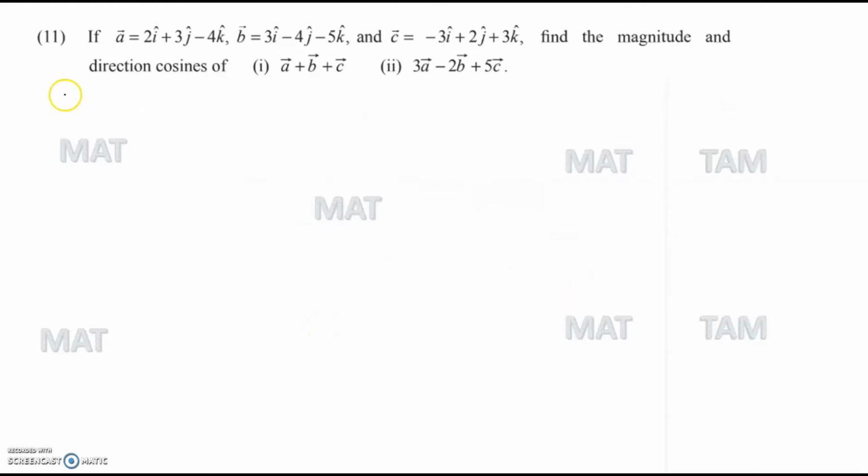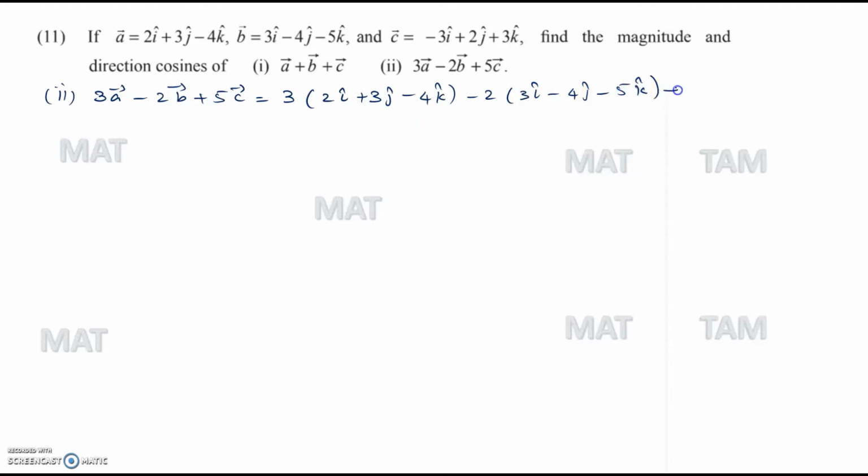Now let's solve the second part of the problem, which is 3a vector minus 2b vector plus 5c vector. So substituting the values here, 3 times 2i cap plus 3j cap minus 4k cap, minus 2 times 3i cap minus 4j cap minus 5k cap, plus 5 times minus 3i cap plus 2j cap plus 3k cap.